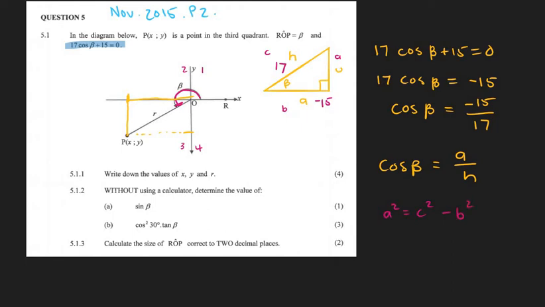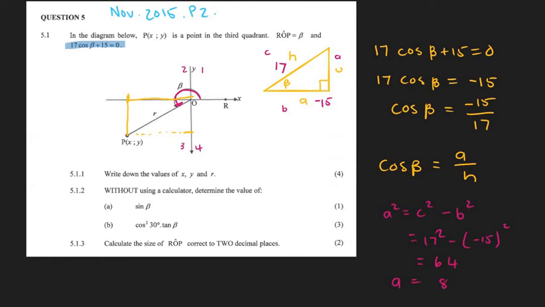So it's going to be 17 squared minus 15 squared, and that is going to give me 64. So A is going to be 8.